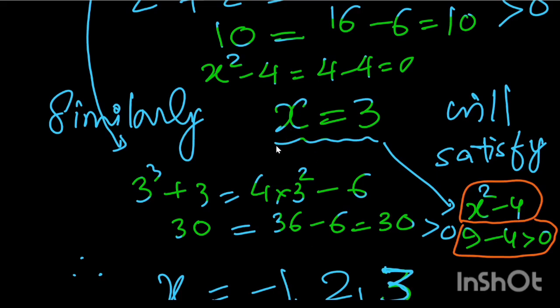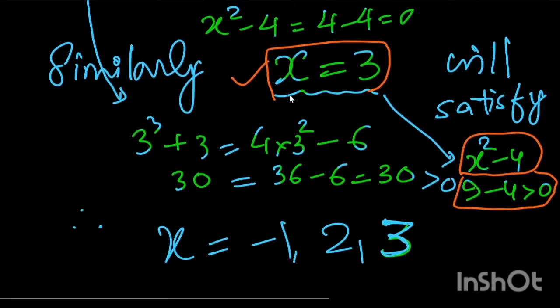So x equals 3 is not only a root of this cubic, but it's also a root of the logarithmic equation. So 3 is satisfying all the domain constraints of the logarithmic equation. Minus 1 and 2 won't be considered, 3 is a root.